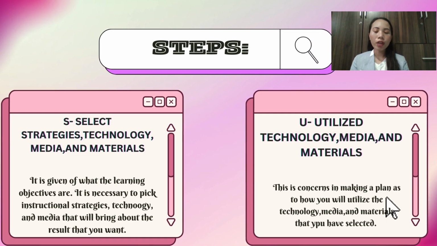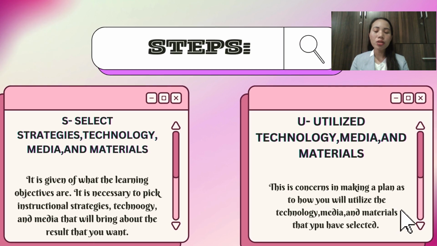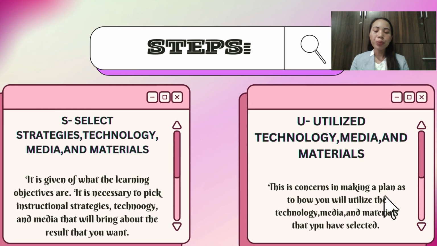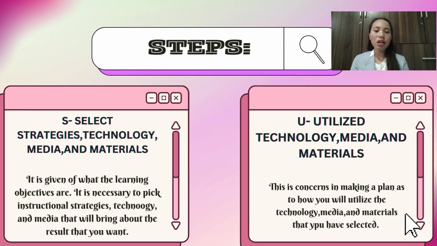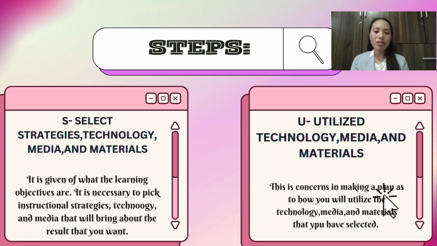So we have now the other letter S of the Assure model, which means select strategies, technology, media, and materials. Given what the learning objectives are, it is necessary to pick instructional strategies, technology, and media that will bring about the result that you want. First, you should figure out which delivery method will be best for your instruction.